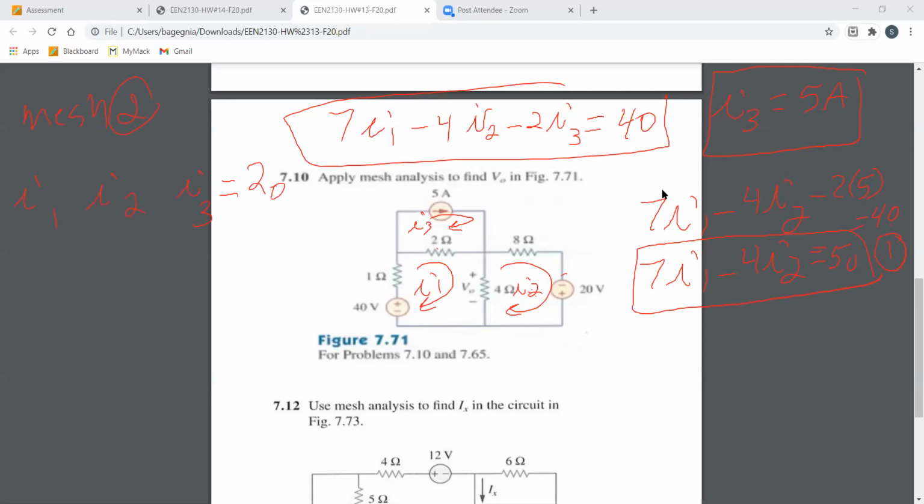Now, I2 will add the resistor, so it will be 12. We'll take a plus, and then I1 contributes with a negative 4, and I3 will contribute with nothing, correct? There's no contribution of I3, so this will be 0. Okay, so it will be minus 4I1 plus 12I2 equal to 20.